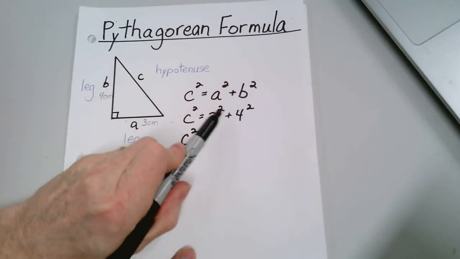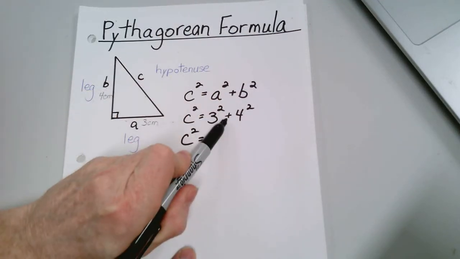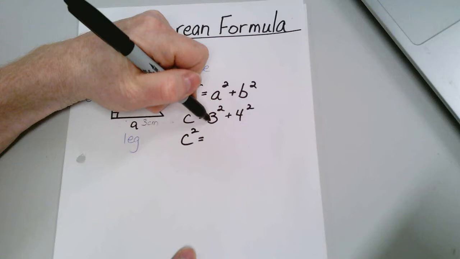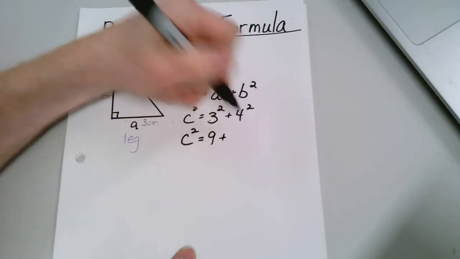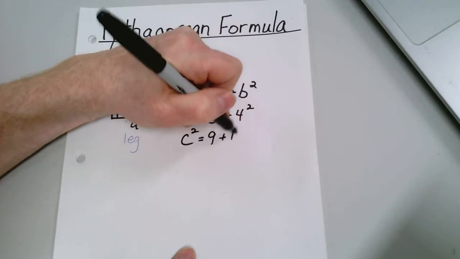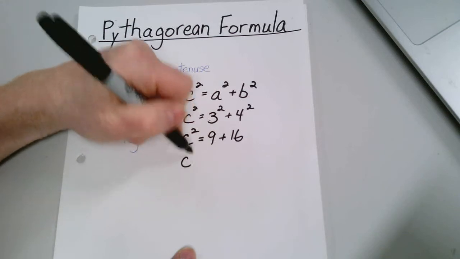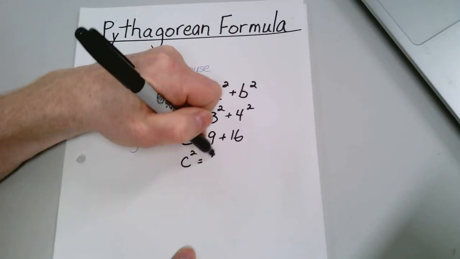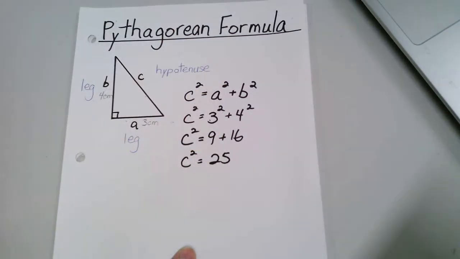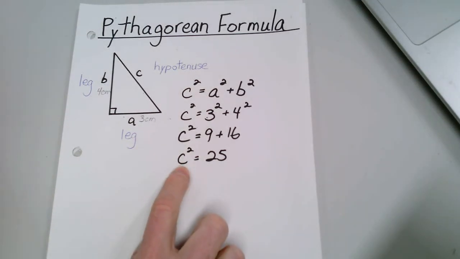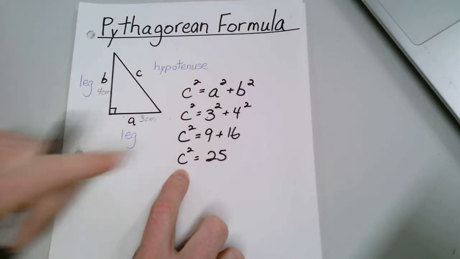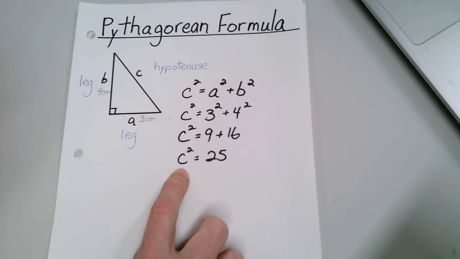BEDMAS says we have to do the exponents first before the addition. So 3 squared, we know 3 times 3 is 9, plus 4 squared, 4 times 4 is 16. And then finally we add them, and we get 25 as a sum. Now at this point, remember the rule about doing variable equations, that if you want to solve for the variable, you ask the question, what is being done to the variable, and you do the opposite.